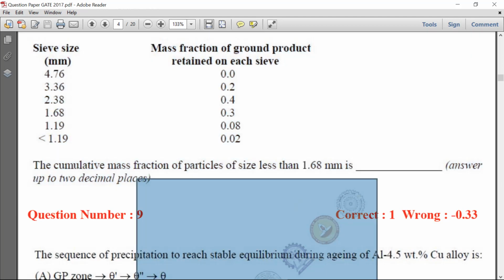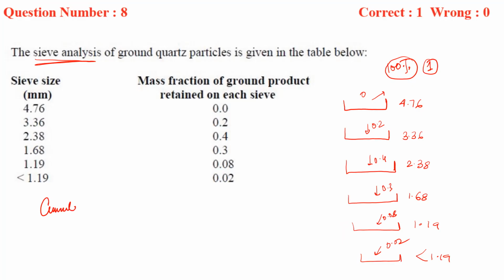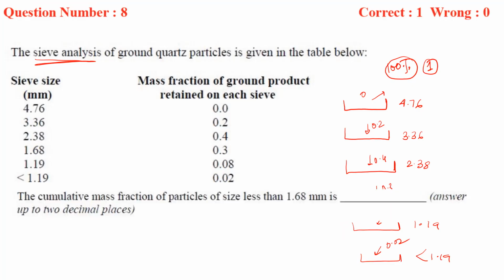Right, guys? So we need to find the cumulative mass fraction of particles less than 1.68 mm, right?